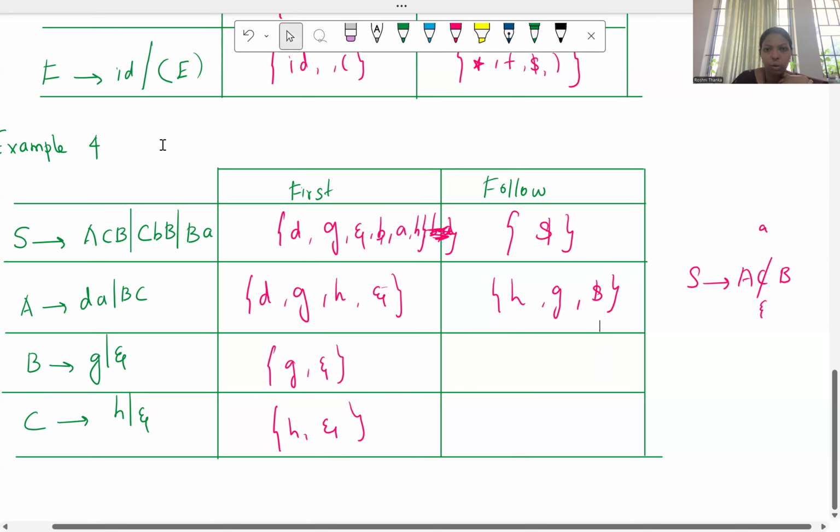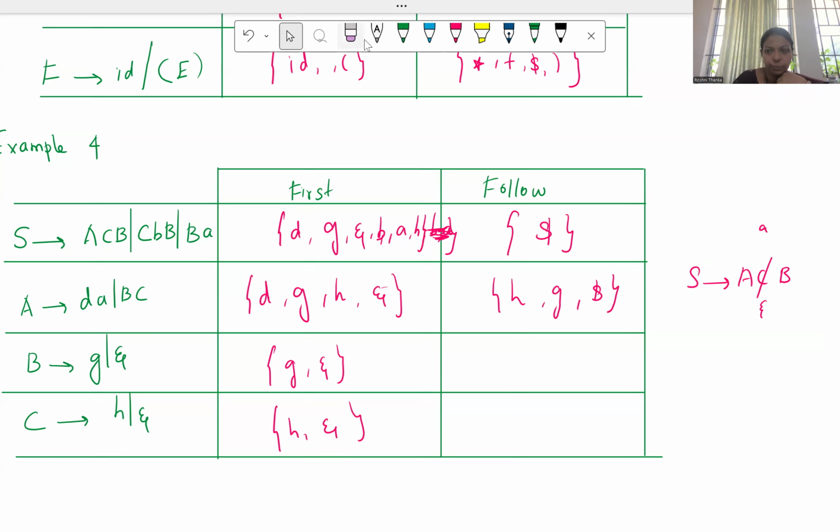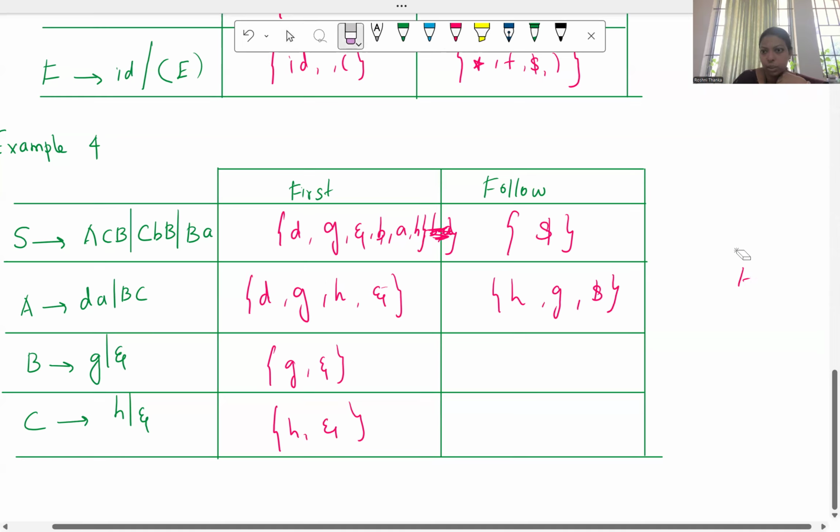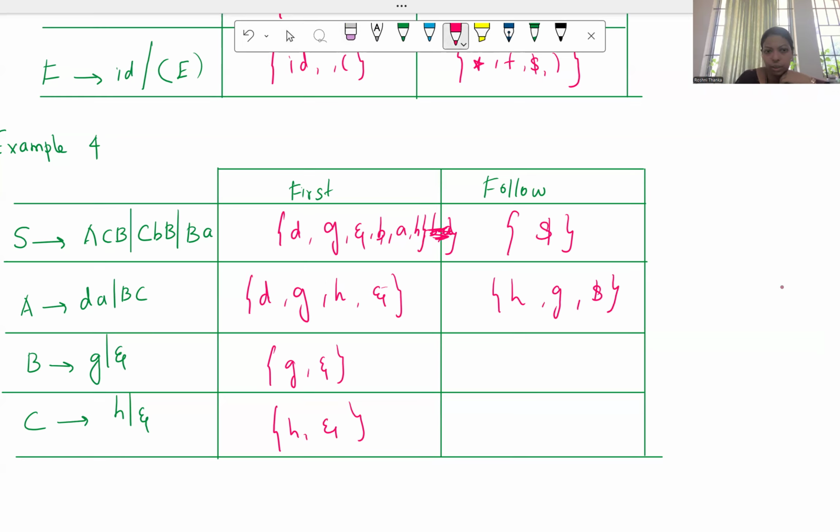Now, what is follow of B? We have to write all productions wherever we have a B in the right side. So let me remove it and write the next productions.